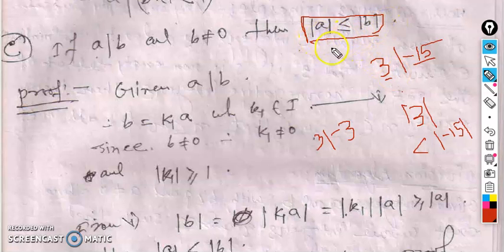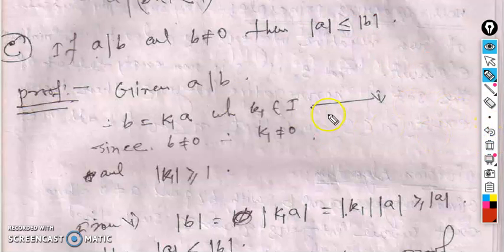That's why we use the mod value. If we do not use the mod value, then your concept would be wrong. And this is your proof. Since it is given that A is a divisor of B, you can write B equals some integer k1 times A, where k1 belongs to the set of integers.